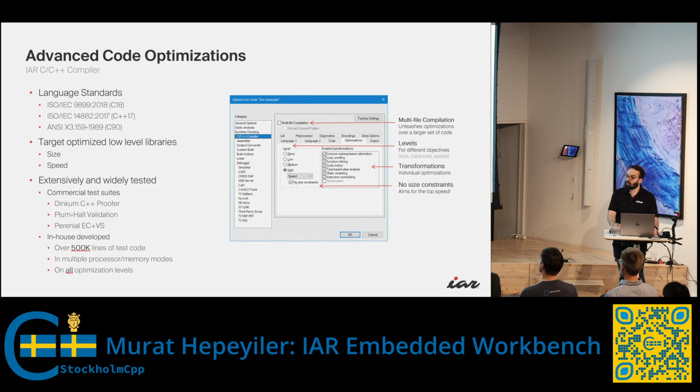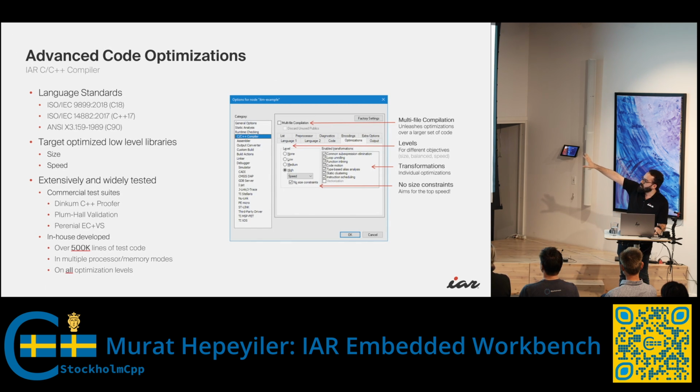We also have advanced scope optimization and support C18, C++17, and C90. As I mentioned, we specialize in small embedded devices because we have low-level runtime libraries. You can configure those libraries either for size optimization or speed optimization, depending on your preferences.